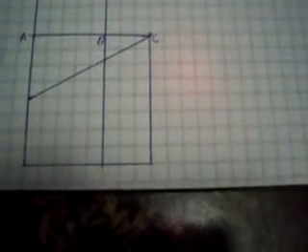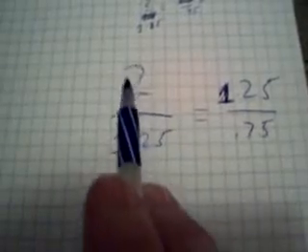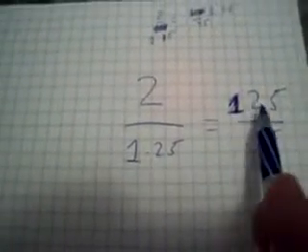So, as 2 is to 1 1/4, so as 1 1/4 is to 0.75.